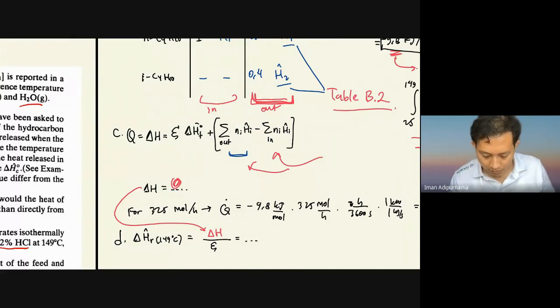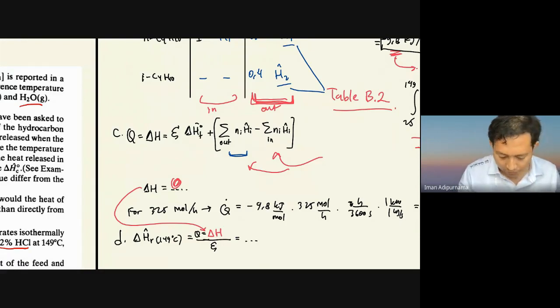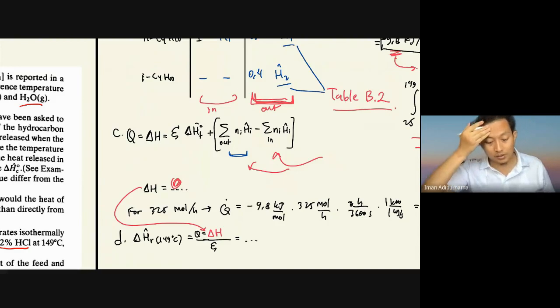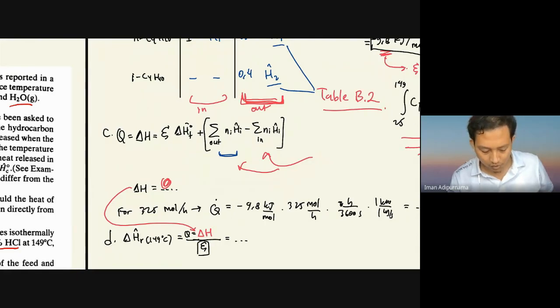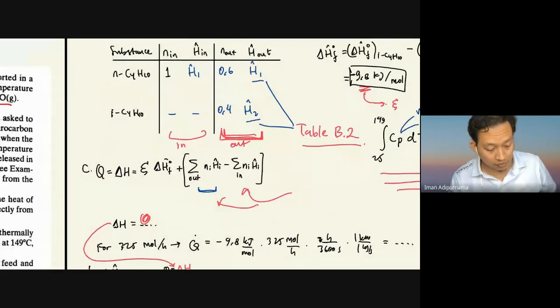That is the heat transfer, this is Q or delta H, and you define it with the extent of reaction, because it's specifically asking for the heat of isomerization. That relates to the stoichiometric part, which is related to the extent of reaction. So you need to divide by the extent of reaction, because it's specifically asking for isomerization.